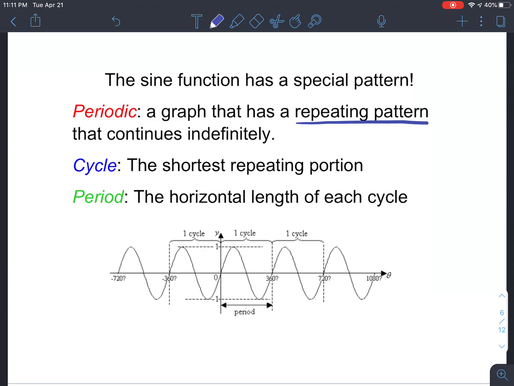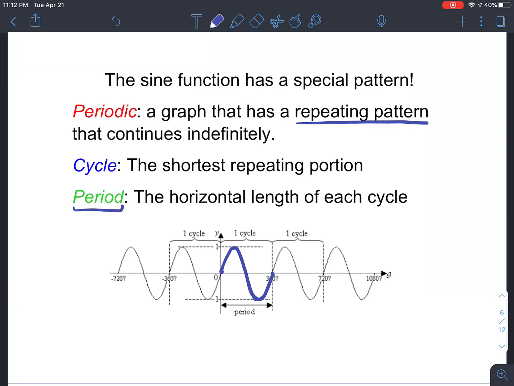We talked about a cycle. The cycle is the shortest repeating portion. So for my sine graphs, it will be this shape, starting down here, going up, down, and back to start. Okay, that is a cycle. And that cycle repeats itself because it is periodic. Now, that 2 pi that we talked about, how long it took for the graph to repeat itself, is what we call our period.